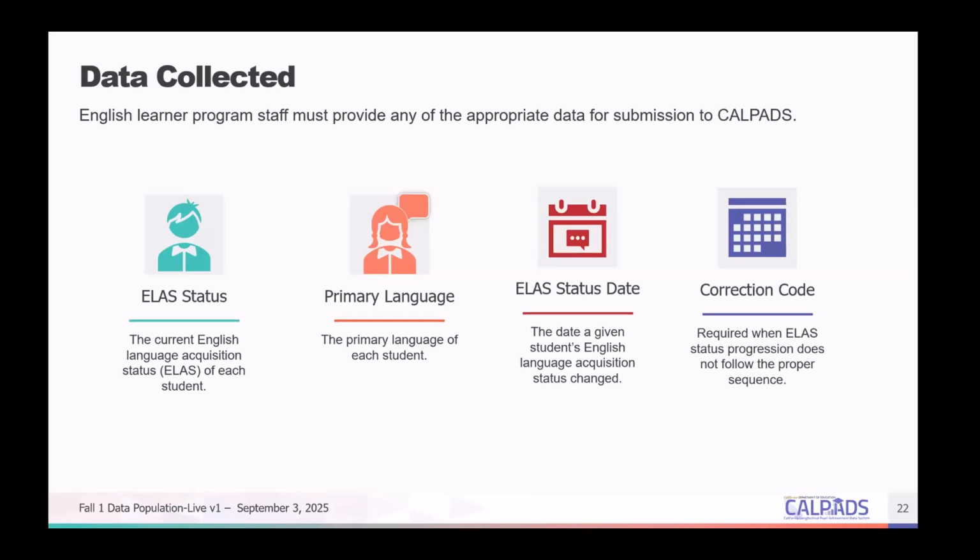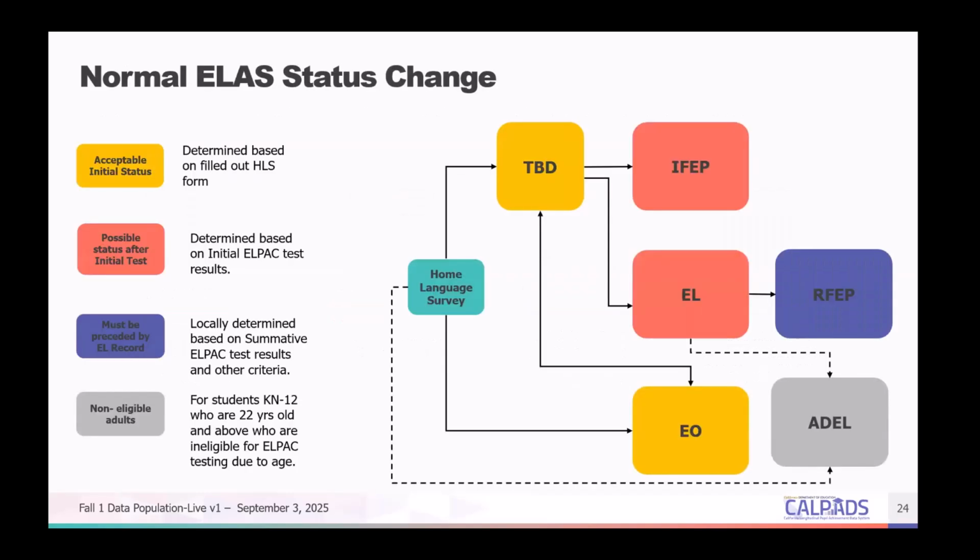If you need to change a status out of sequence, you must include a correction reason code. These codes can only be submitted via online maintenance. Always consult the When to Report a SELA Correction Reason Code section in the CALPADS user manual to ensure you're using the correct code for your scenario.